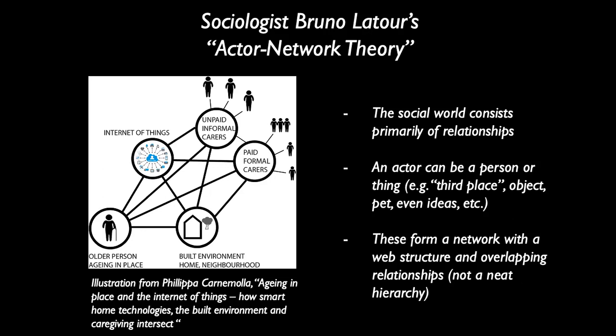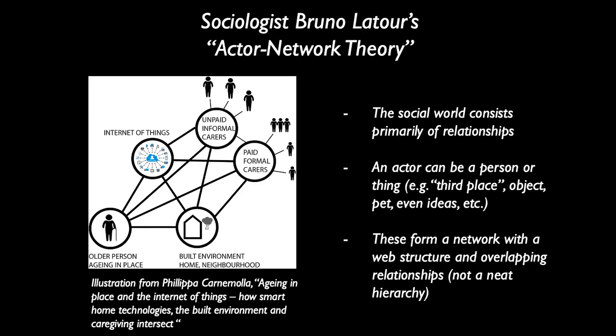What we want to understand is how they are interconnected and how they are in some ways not connected, because that tells us a lot about the relationships and the overlaps that are possible. Remember how important it is to have those overlapping relationships inside of that sort of web network.